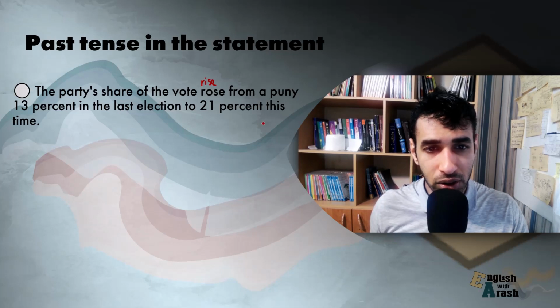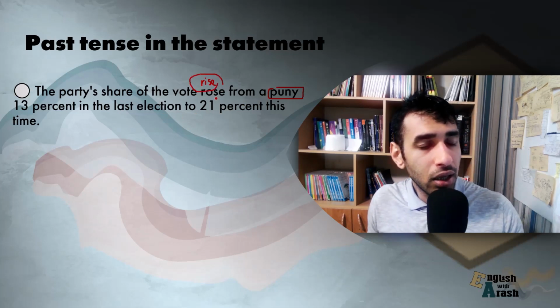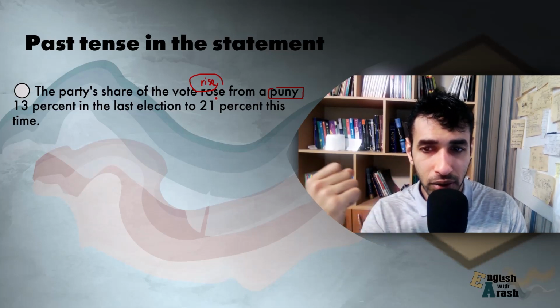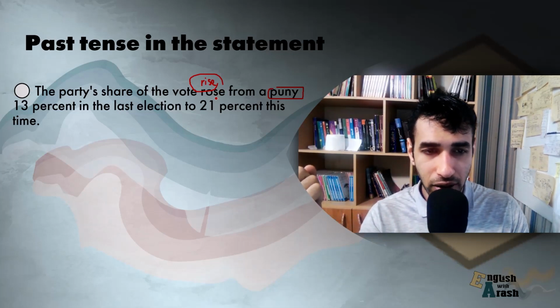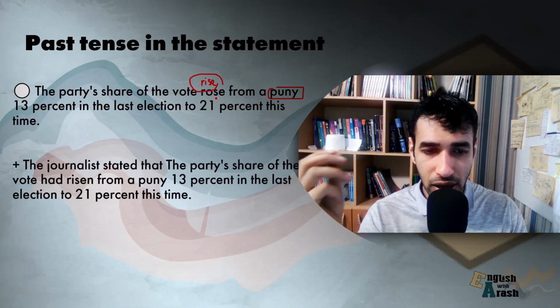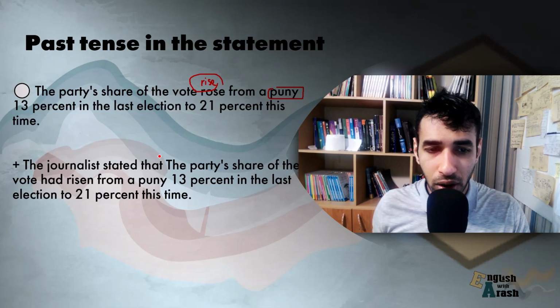So it was poor, and now it has increased. It has risen. So we want to report it in the indirect form. I would say the journalist stated that, and the noun clause starts from here. This is our noun clause. That is optional.